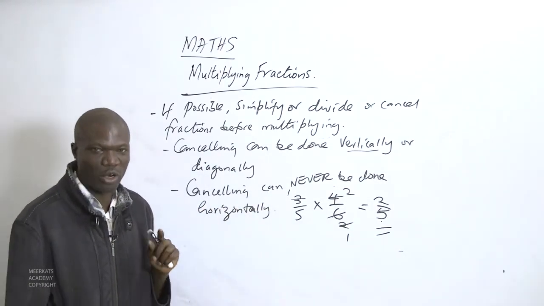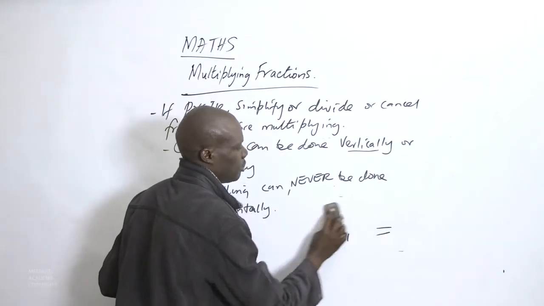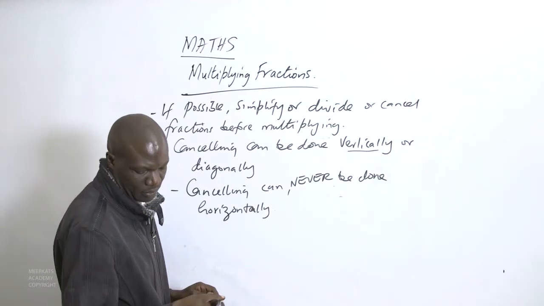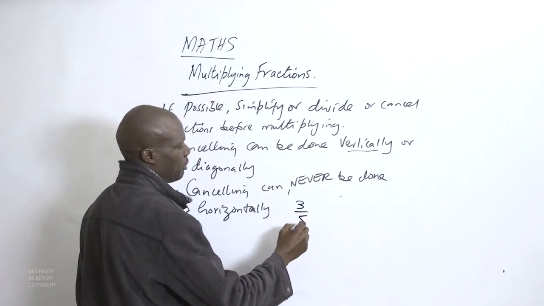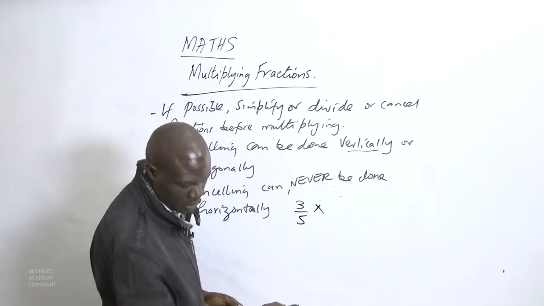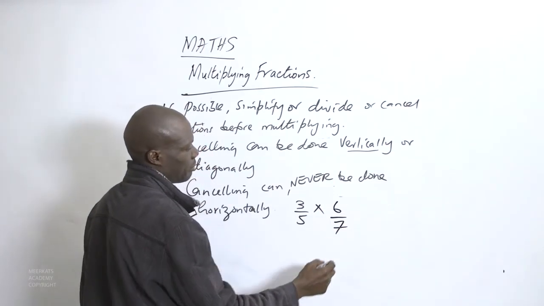Let us look at what we should never do. 3 over 5 multiplied by 6 over 7.